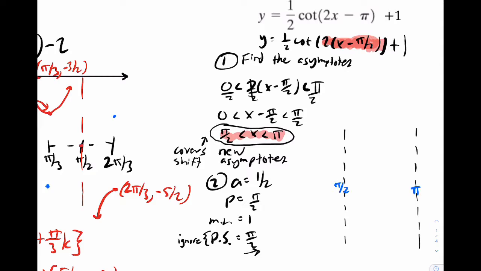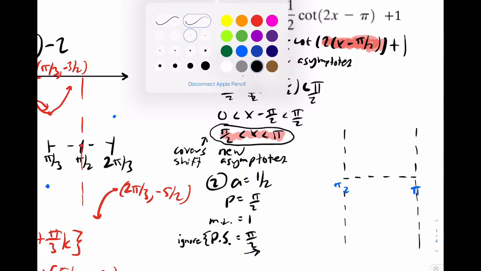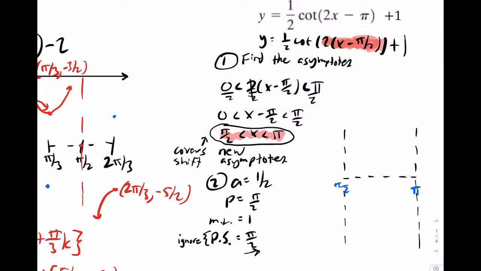Now the tricky thing about this is there is a midline, so there's going to be dotted lines pretty much everywhere, so it will be important that we keep all our numbers straight. So I'll use multiple colors to try to keep it clear. So there's pi over 2, there's pi, and the middle number we have is 1, so we know that this is a 1. So if I just skip to our y-axis is somewhere over here, somewhere on the left.